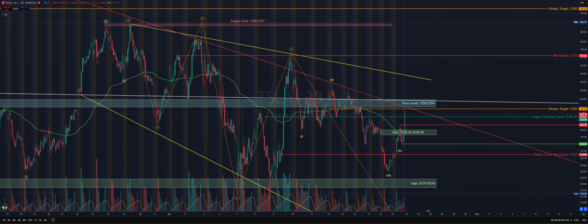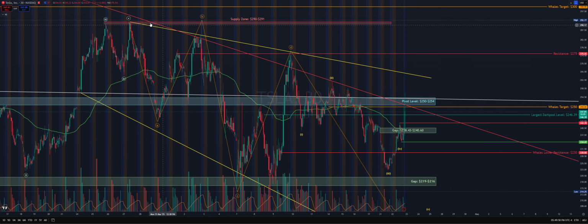You just have this pattern that you're in here, this broadening wedge pattern, and you need to get above this 255 level right here. And you got to break out. You got resistance at 275. So you got to break this level, 290, 291. But at least you want to break the level that I just showed you.